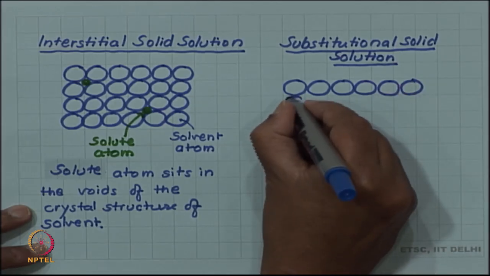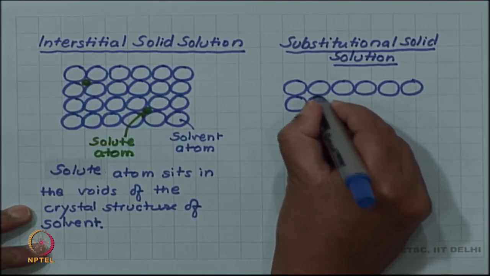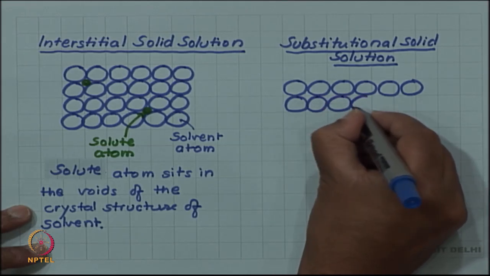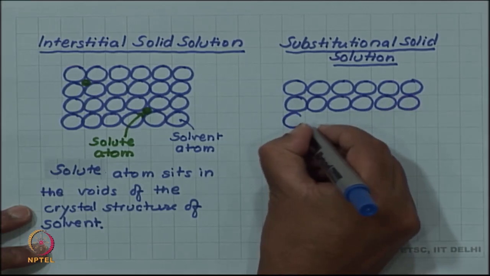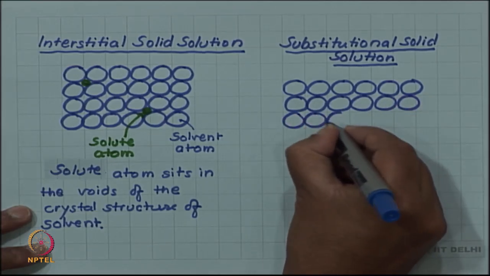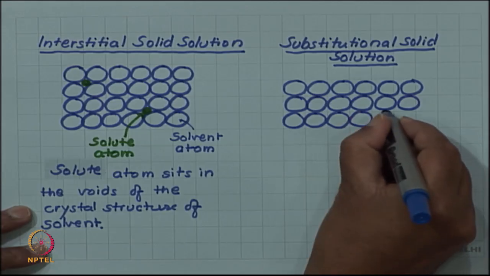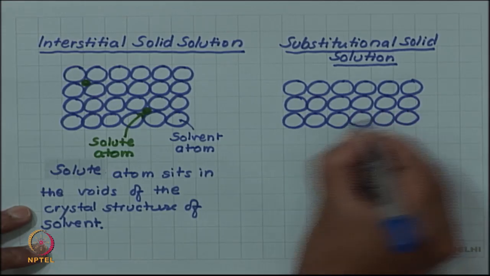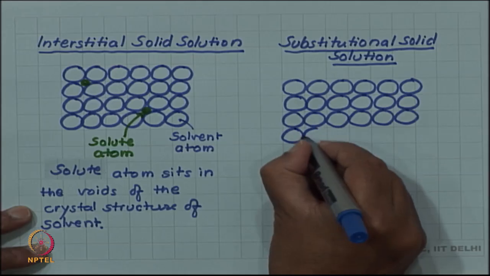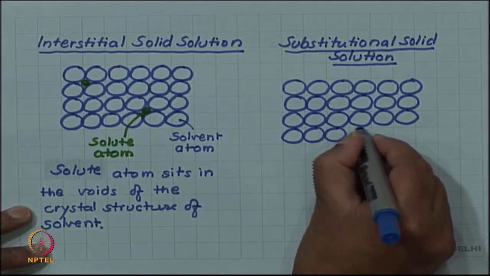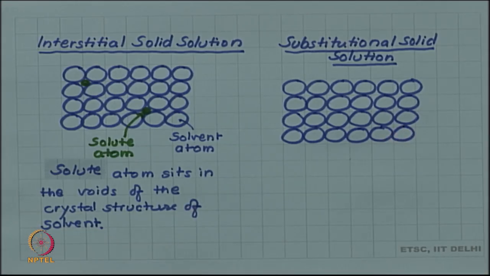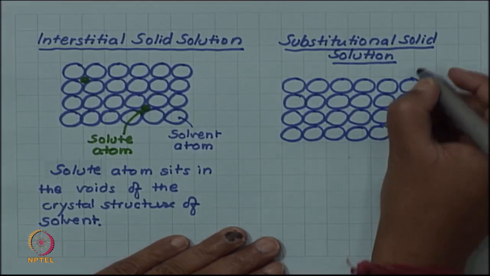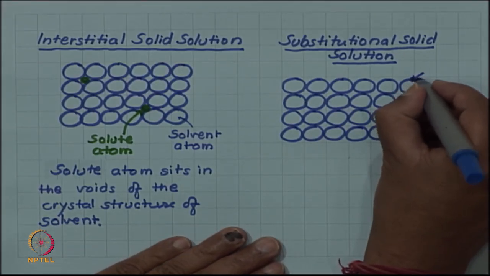Let us again start with a basic crystal structure made up of pure A atoms. These are now my solvent atoms.